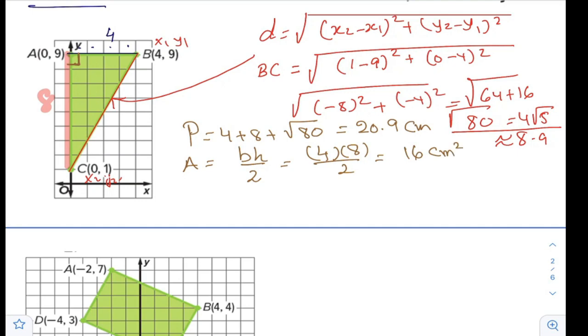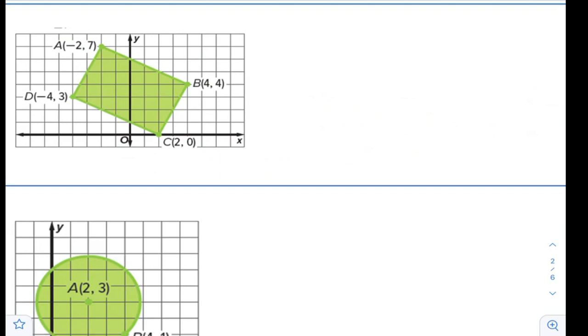This is the triangle. Okay, example for the rectangle now. It's very clear that it's a rectangle. And for the rectangle, if you see here, none of them is vertical or horizontal, so that we can count easily. We need to find the length using the distance formula. It's enough for us to find this one because it's the same, and this one of them. So let's start by AB, for example. If you want to find AB, also you use the distance formula.